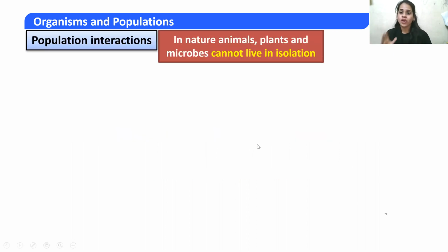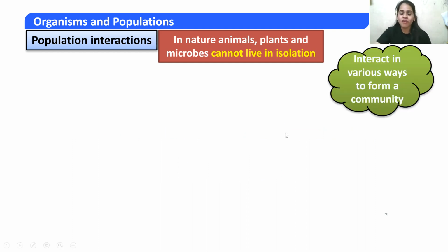Let's see what exactly population interaction is. In nature, animals, plants, and microbes cannot live in isolation, right? In fact, I feel that there is no one who could live isolated. Nobody likes to stay alone, right? We obviously need people around us to feel normal.